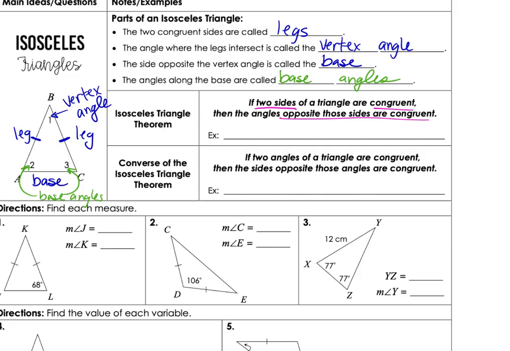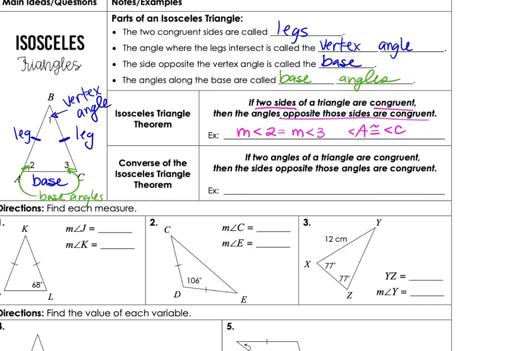In this picture, we would say the measure of angle 2 is equal to the measure of angle 3. Or you could say the angle's opposite, yes, that angle A is congruent to angle C. So their measures are the same. They are congruent angles.